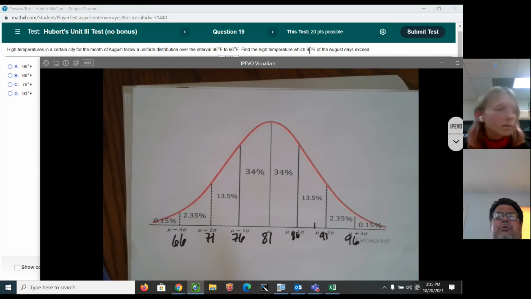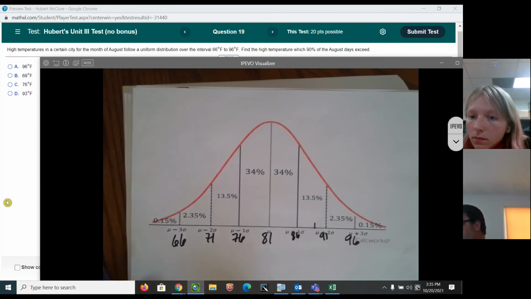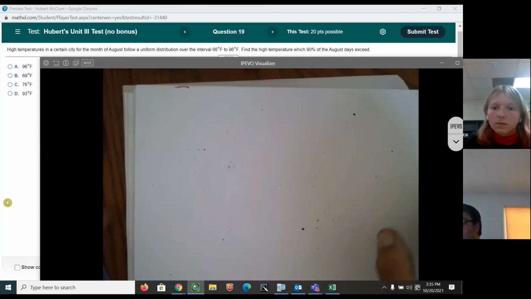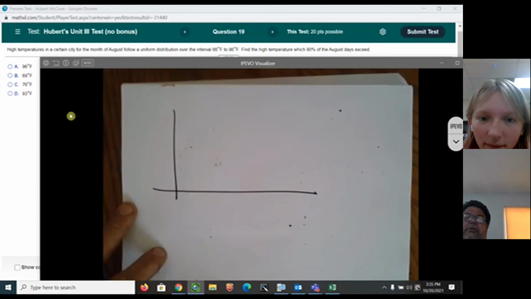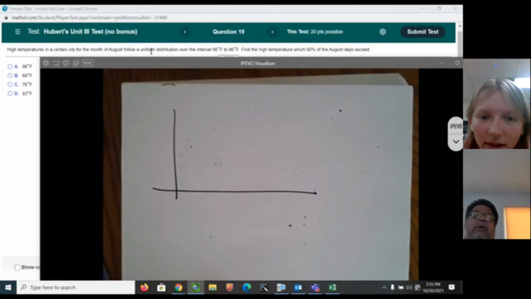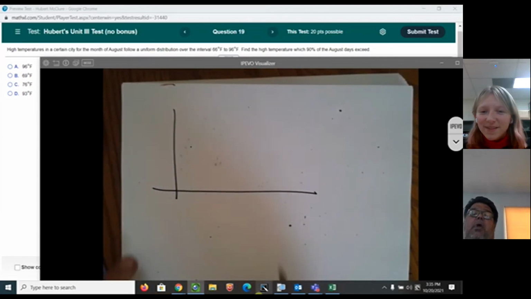High temperatures in a certain city for the month of August follow a uniform distribution. It's not a curve. It's a uniform right there. Oh, it's one of those boxes.